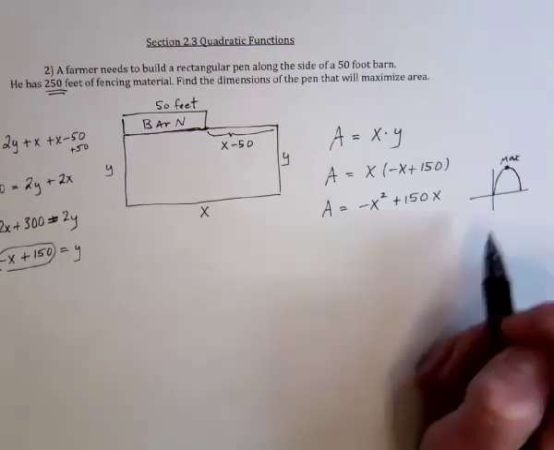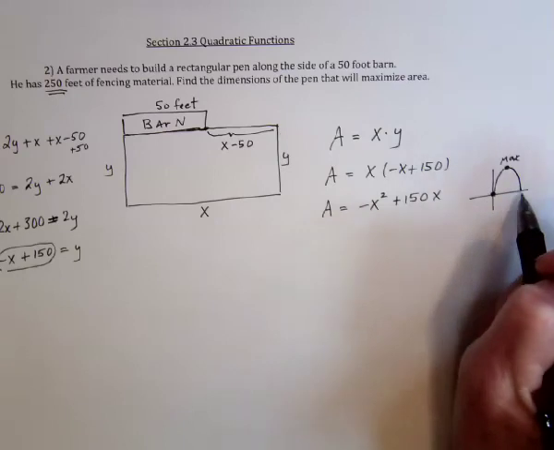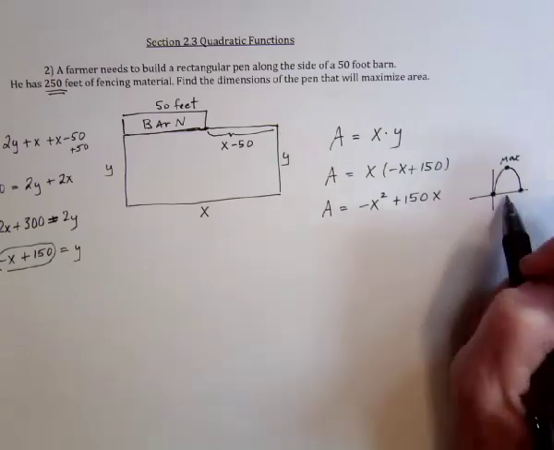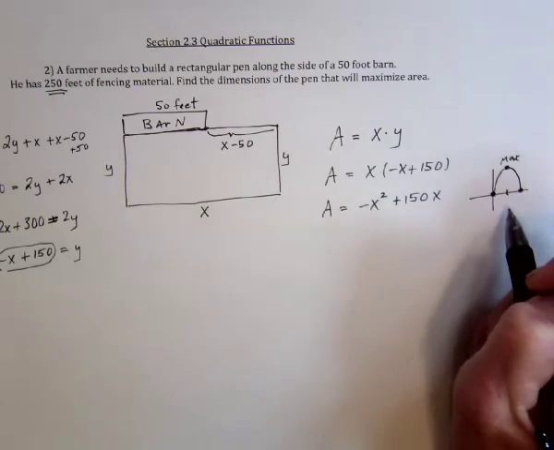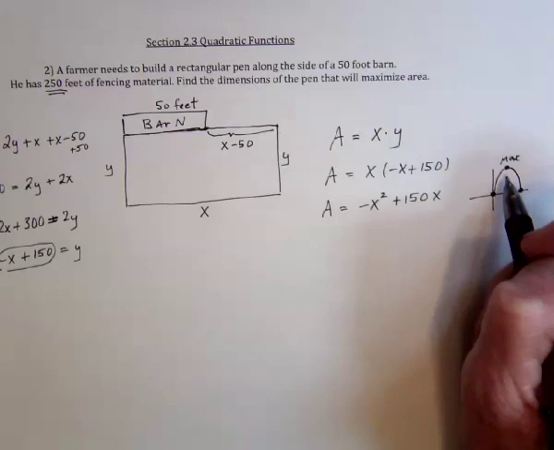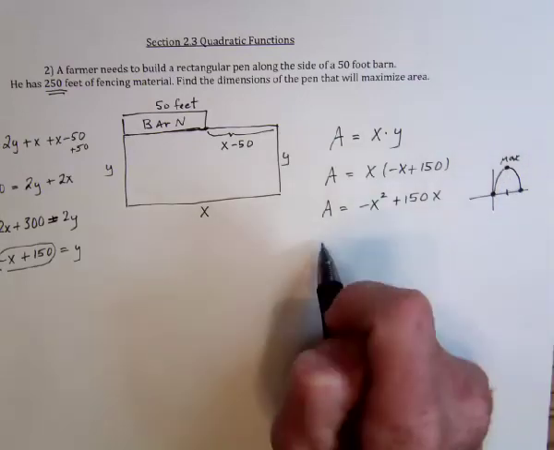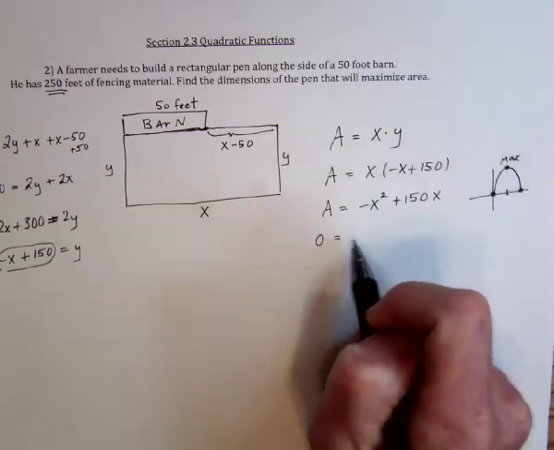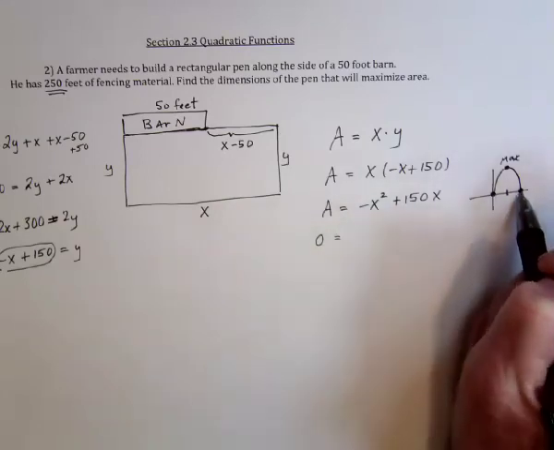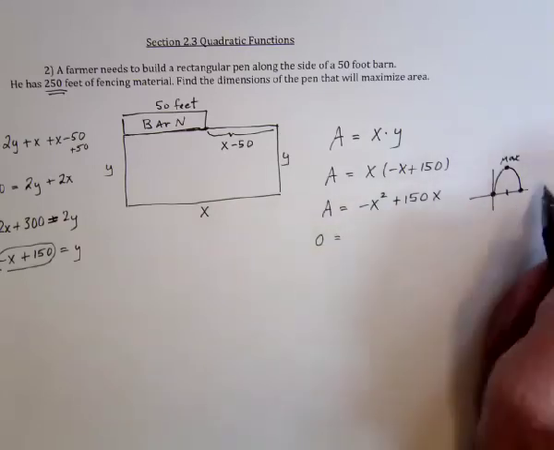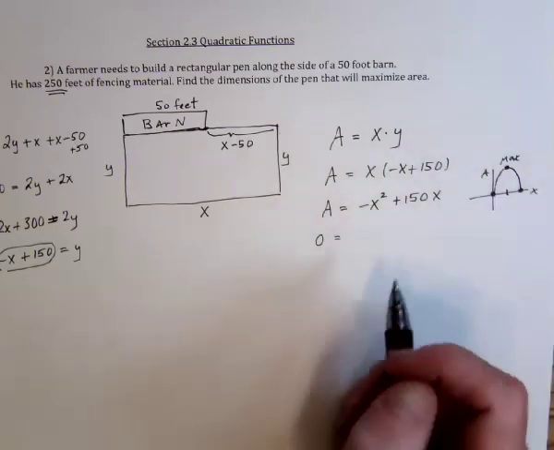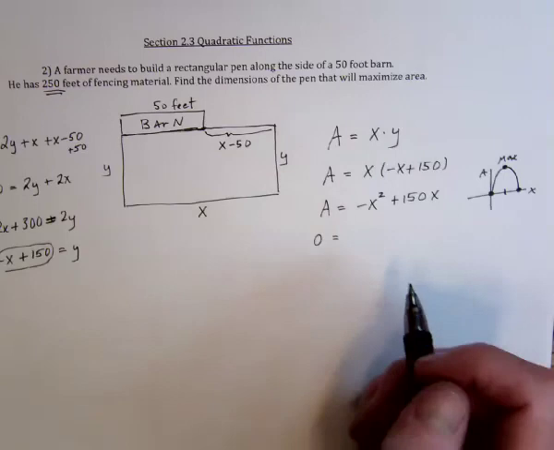One way we could find the vertex is find the two x-intercepts, find the number that's halfway between, and because parabolas are symmetric, that's where the vertex is going to be. So to find x-intercepts, I set this equal to 0, where the area values are equal to 0. And now factor.